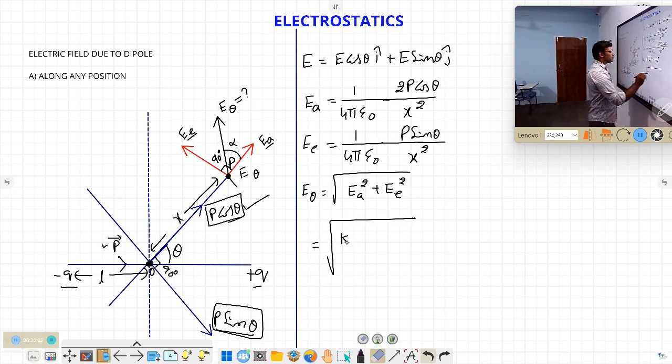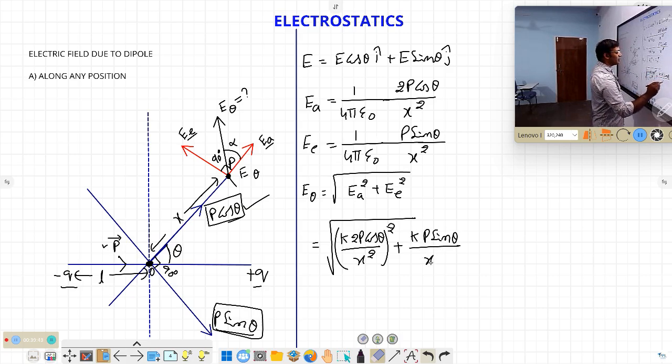That is k into 2p cos theta by x square, whole square, where I took 1 by 4 pi epsilon as k, plus the second one, k into p sin theta by x square, whole square.